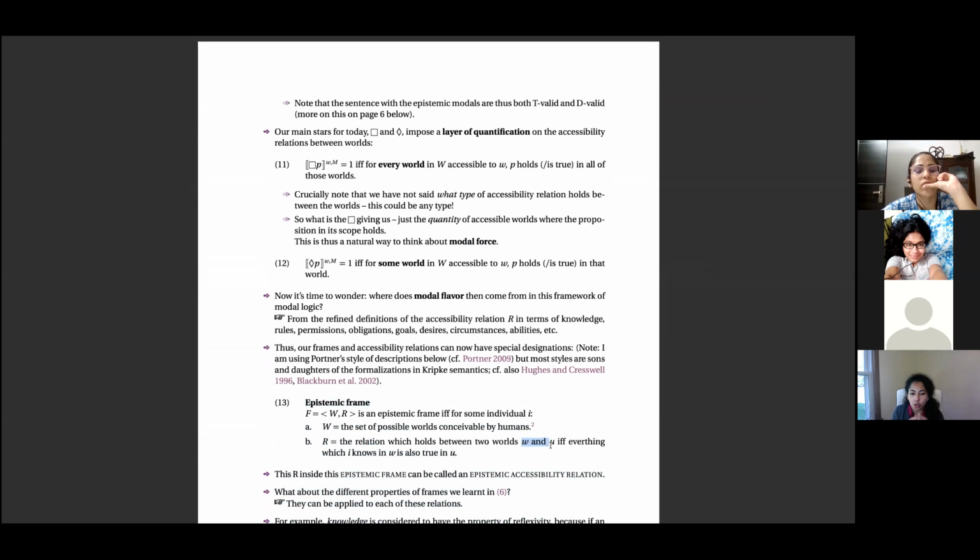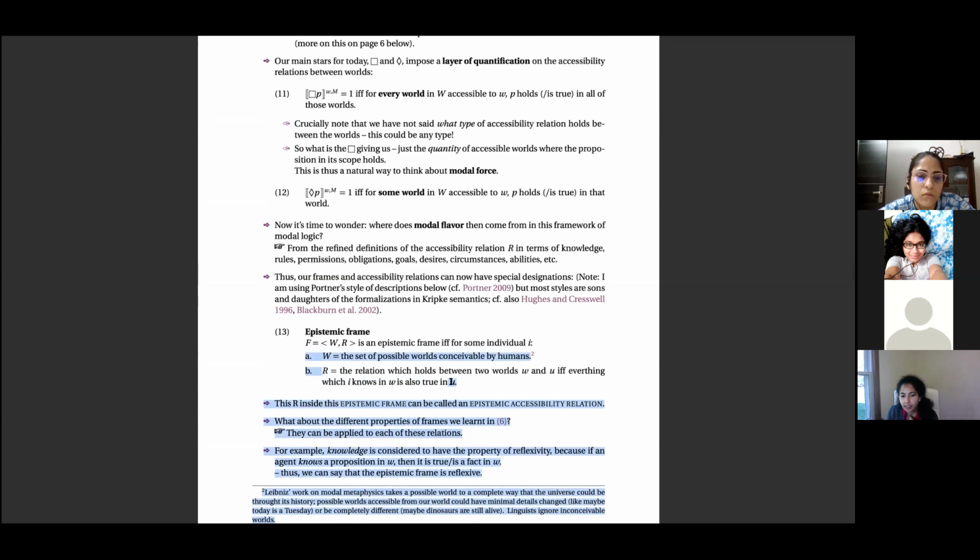What are we doing? We are taking our R, which could be possibly anything, and putting it inside a frame that we are labeling epistemic, saying that the relation is epistemic. So it is a relation which holds between two worlds, W and U, if and only if everything that an agent I knows in W is also true in U. This is called an epistemic accessibility relation.